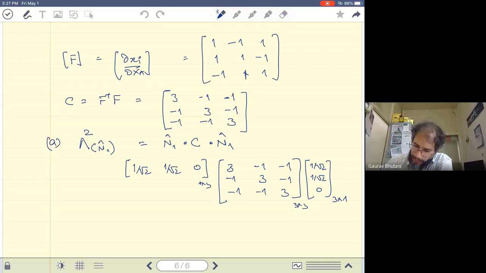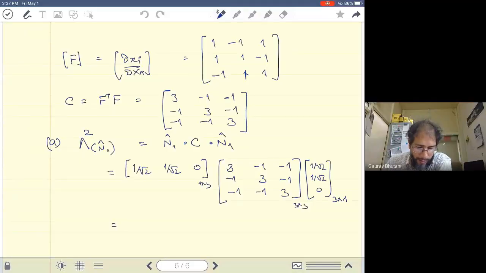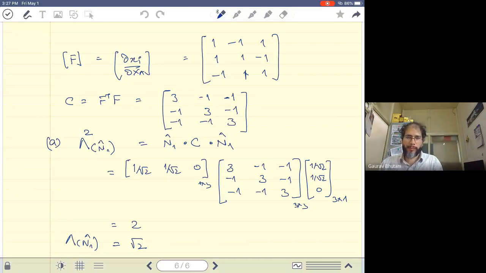It's simply a matter of this matrix multiplication, and when you do that, you get 2. So that means your lambda, the stretch ratio in the n1 hat direction, is equal to root 2. Okay, so that was part 1.